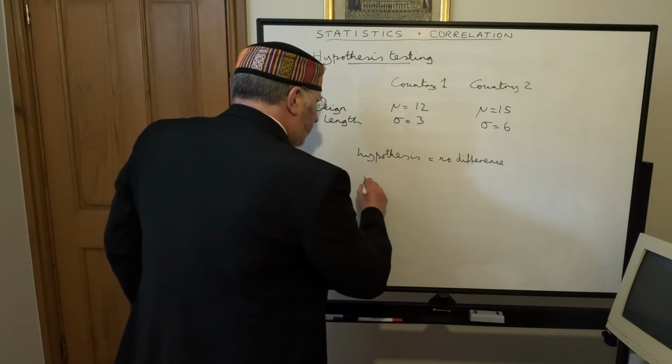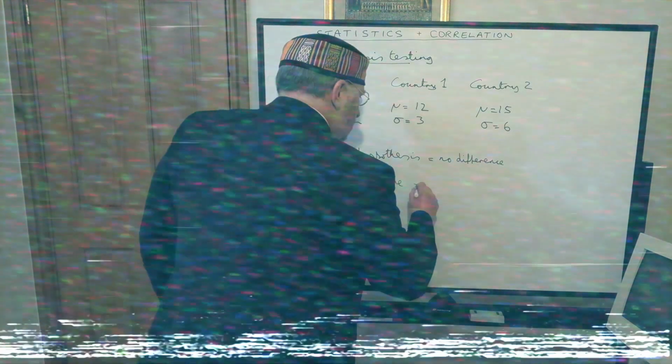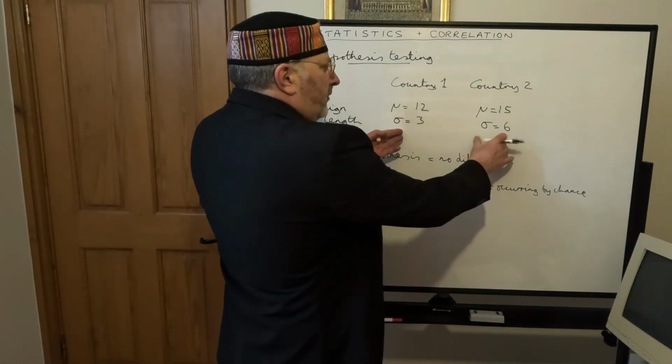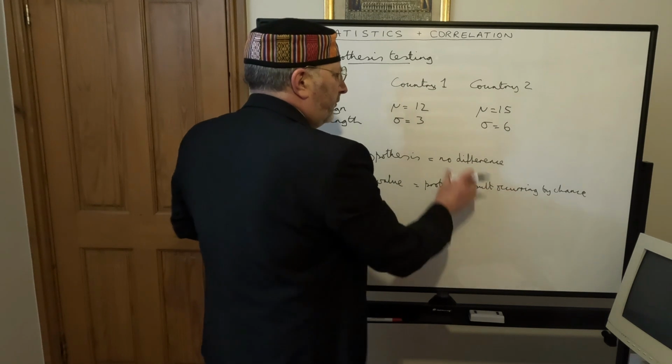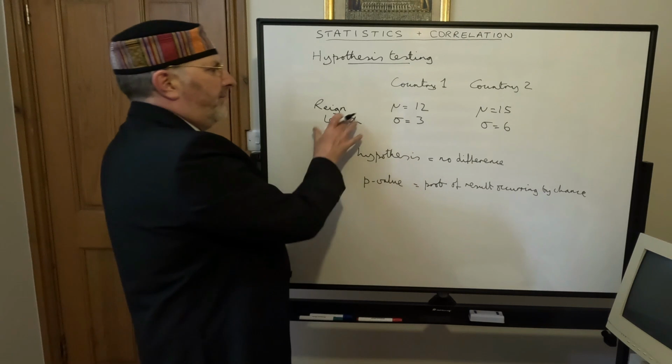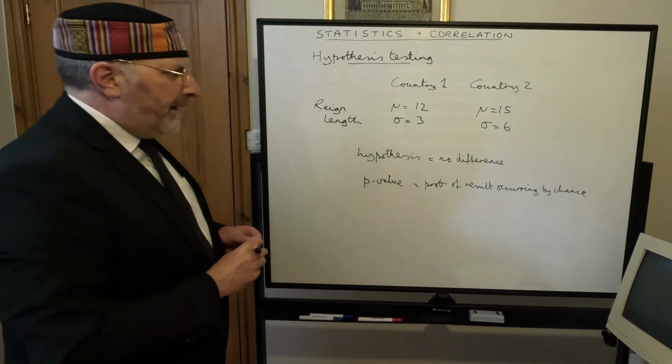So it's sometimes called the p-value. The probability of getting this result, this difference, by chance, if there is no underlying difference in the distributions of the reign lengths in the two countries.